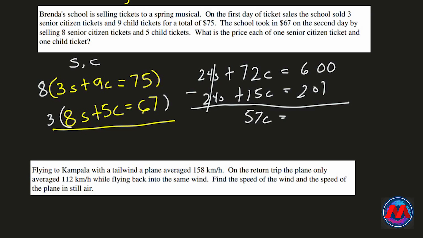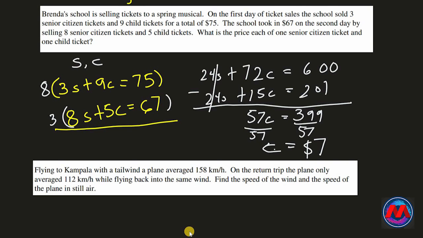And 600 minus 201 would be equal to 399. Dividing both by 57, ang total cost ng isang children's ticket would be equal to $7. Okay. So, $7 yung letter C.